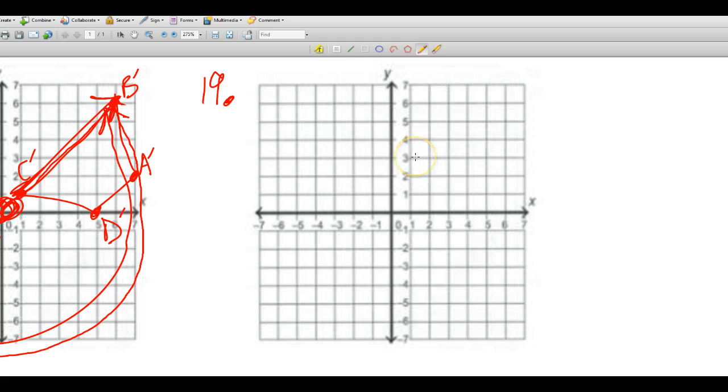So plot your preimage points at M (-6, 3), P (-2, 3), Q (-3, -2), and V (-7, -2).